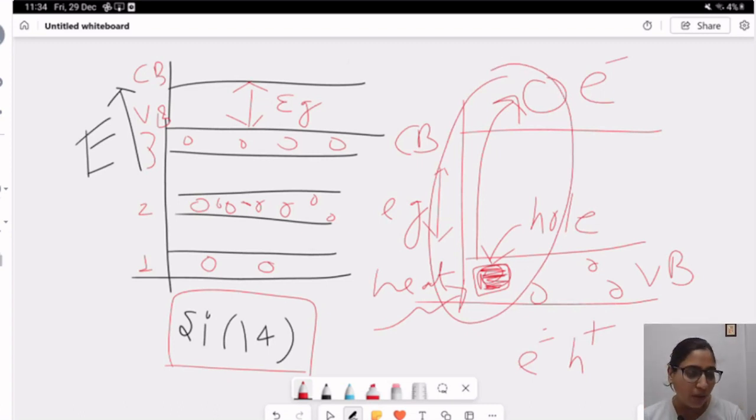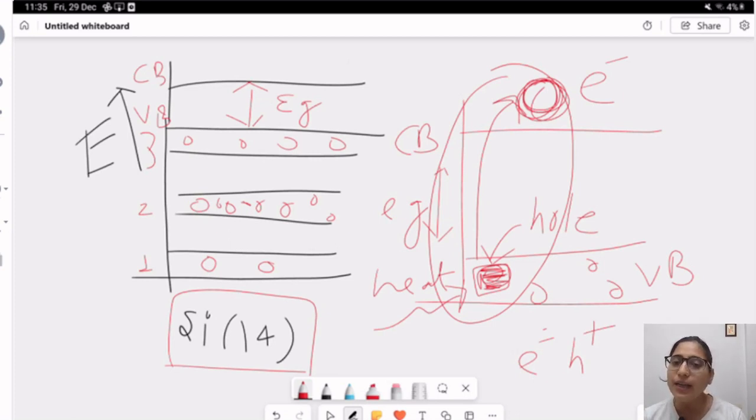What happened? Recombination occurs when a conduction band electron loses its energy. Now this electron doesn't have sufficient energy to take part in conduction because this is only at room temperature. We didn't give any electric field here. So for a few seconds, whenever it has sufficient energy to move around the conduction band, it will stay in the conduction band.